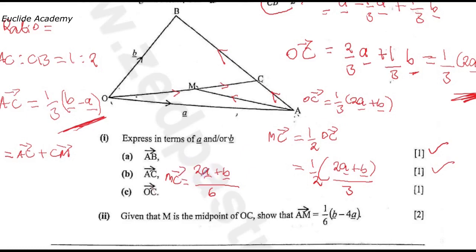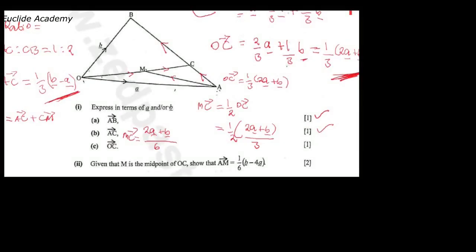So allow me to get this on the other screen because this is getting a little rusty. So this is what we have, and we can find the vector MC.